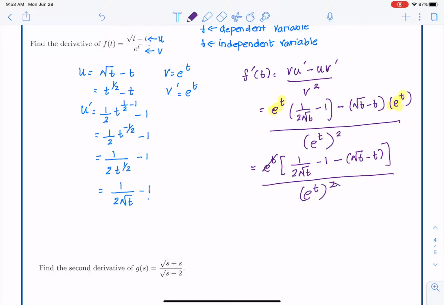We could cancel those two, which would give us 1 over 2 square root of t, minus 1, distribute the negative, negative square root of t plus t, divided by e raised to t.